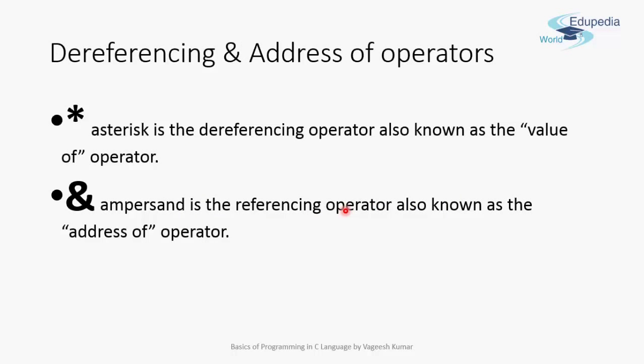Now we have two operators, one is the dereferencing operator and one is the address-of operator. The dereferencing operator is nothing but the asterisk in C, and it is also known as the value-of operator. This operator can be used to find the value of the memory location to which the pointer points.